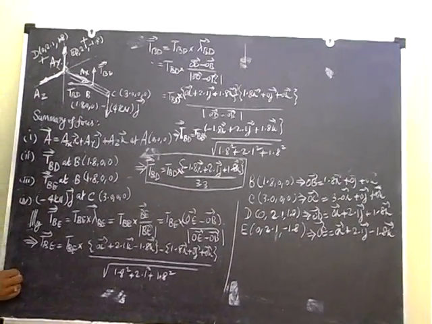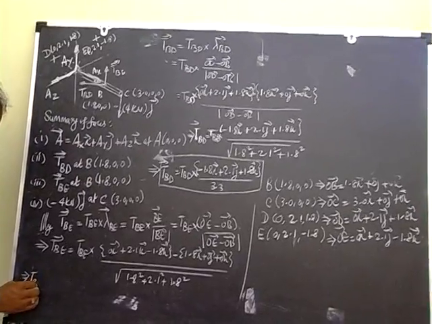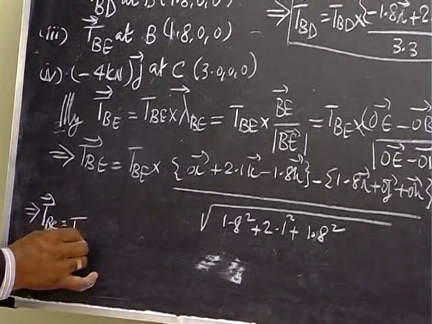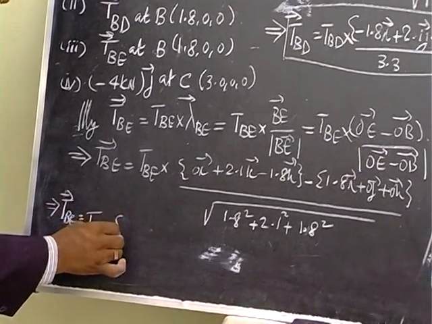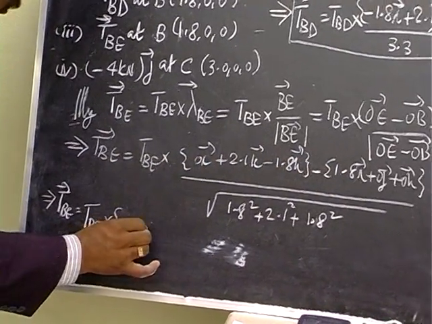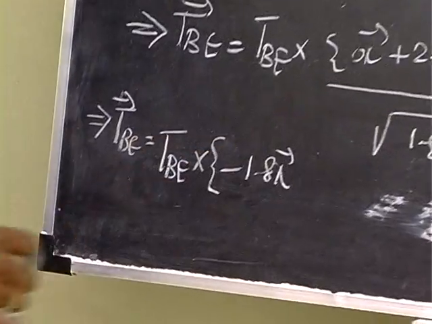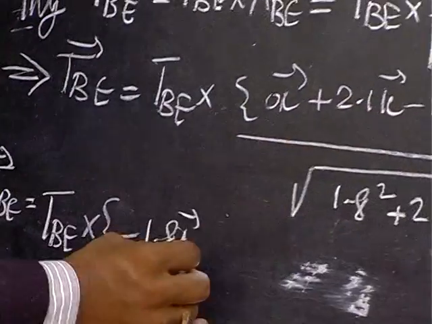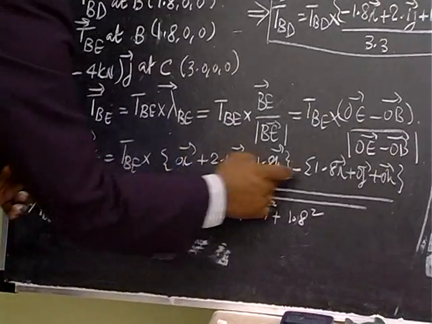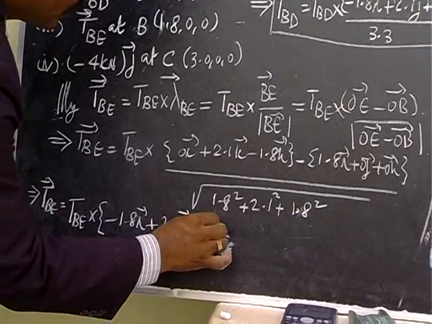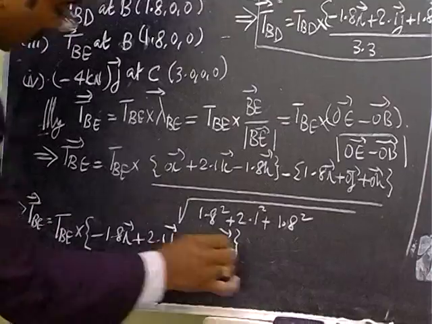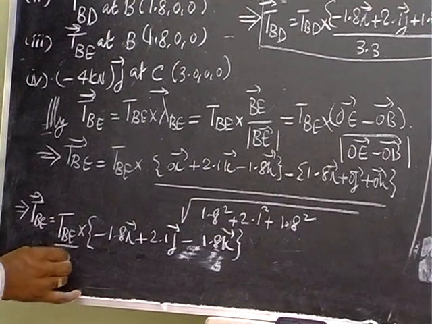So this implies tension BE vector is equal to tension BE multiplied by 0 minus 1.8, it's nothing but minus 1.8 i vector, 2.1 minus 0 is plus 2.1 j vector, minus 1.8 minus 0 gives minus 1.8 k vector, the whole thing divided by 3.3.